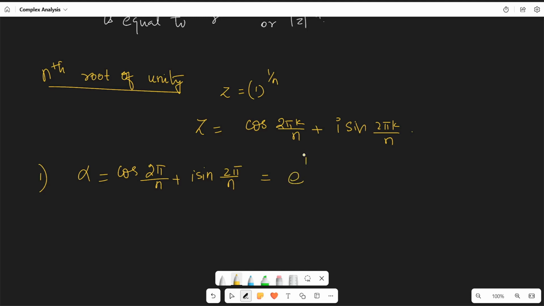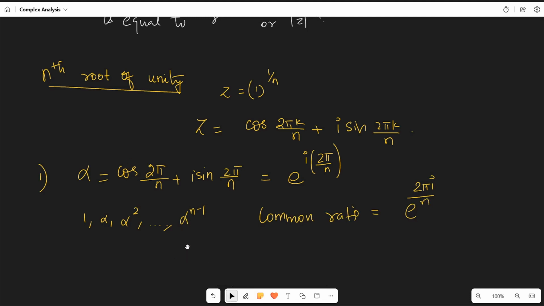So alpha is e to the power i into 2 pi by n. The nth roots of unity can be expressed in the form 1, alpha, alpha squared, so on till alpha power n minus 1. Earlier we took it as 1, omega, omega squared. This is a GP, a geometric progression with common ratio e to the power 2 pi i by n.